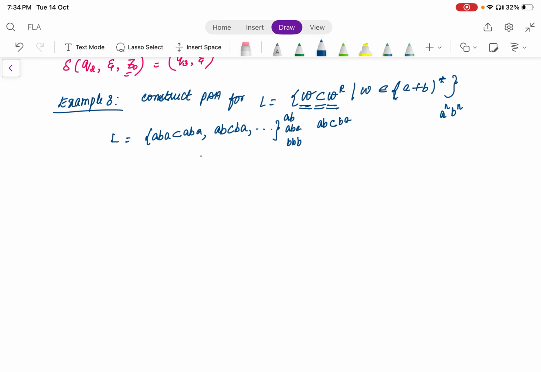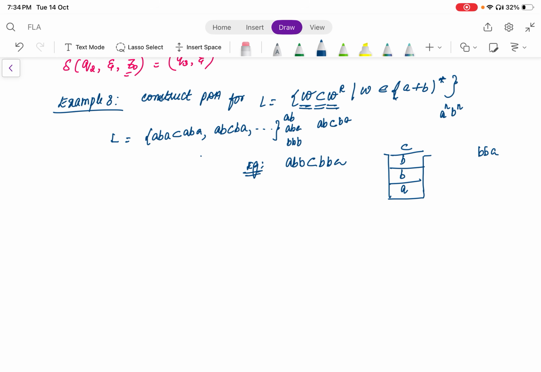You push everything that is before the center marker. The example string that I'm going to take is ABB, center marker, BBA. So ABB I have pushed. Now you have the center marker. After this, it's BBA.